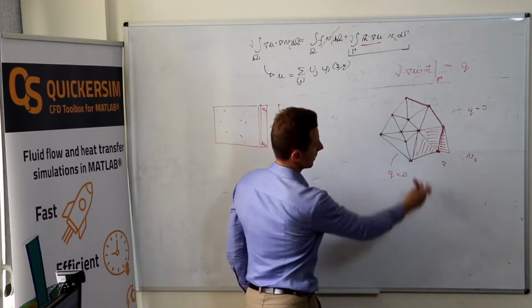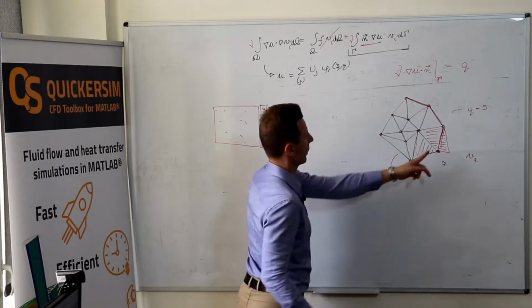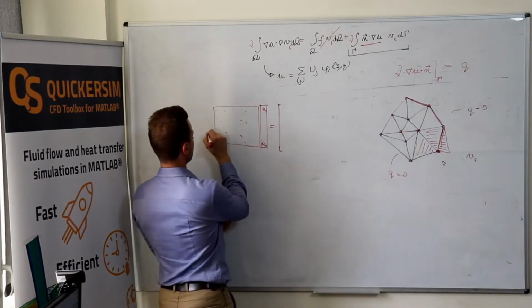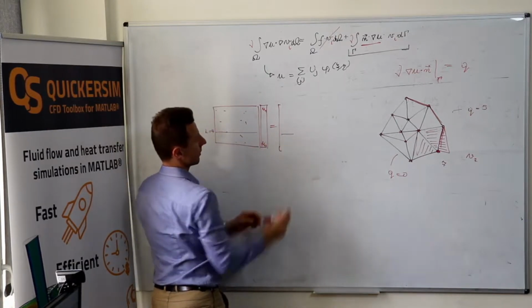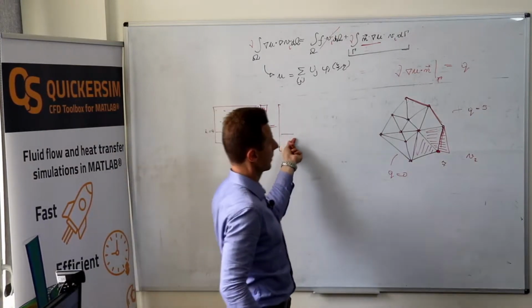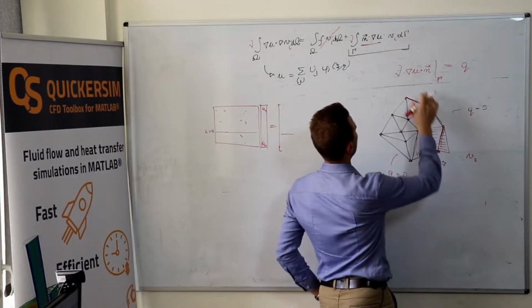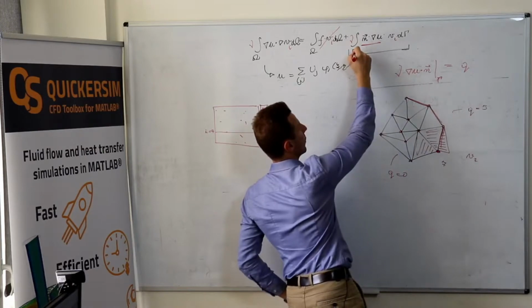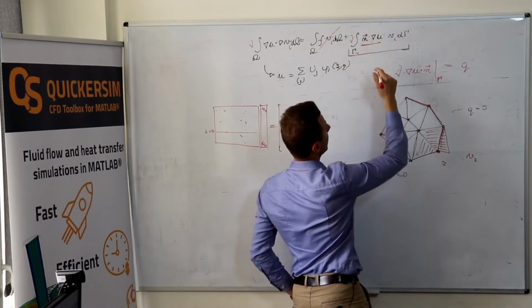So, assuming we've got V7 equal to 1, and we are assembling the equation for I equals 7, then we need to calculate over the boundary where we are imposing this boundary condition.